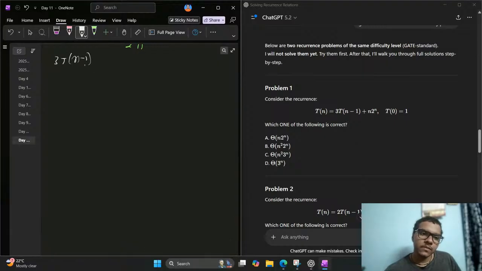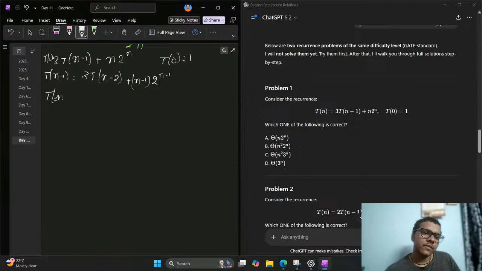T(n) = 3T(n-1) + n·2^n, and T(0) = 1. So that is T(n), and if you do T(n-1), it is 3T(n-2) + (n-1)·2^(n-1).